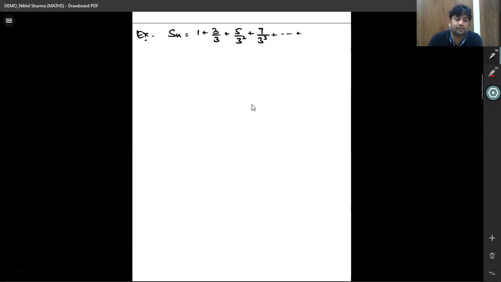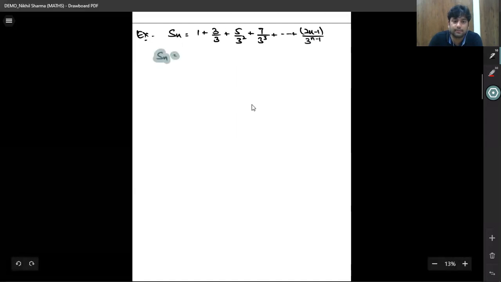So 1, 3, 5, 7, all these terms are in AP, and these are the odd terms. So what will be the general term for the odd terms? 2n minus 1. This would be 2n minus 1 whole divided by 3 raised to the power n minus 1.